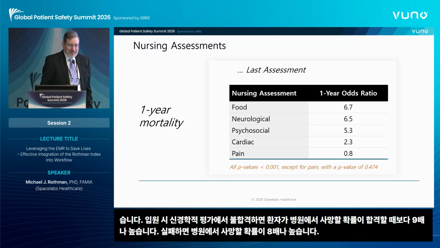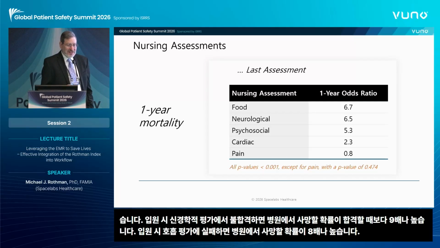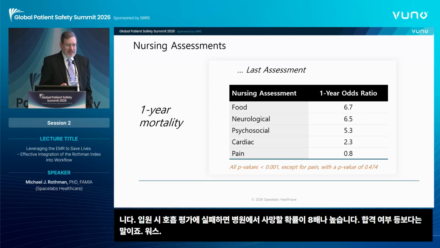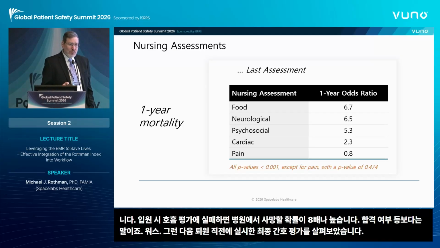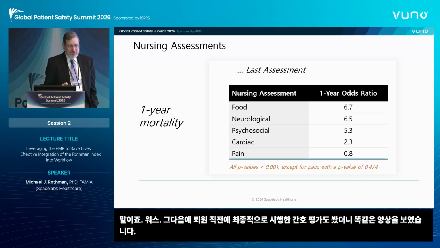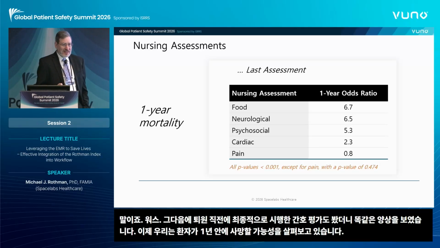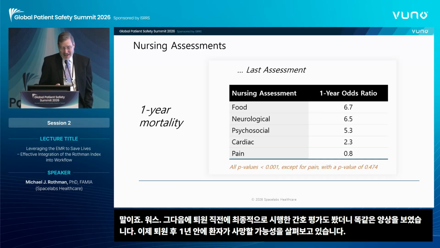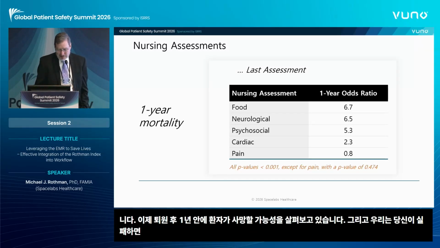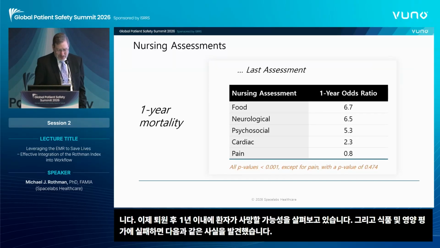We then looked at the final nursing assessment taken just before discharge, and we saw the same sort of thing. Now we're looking at the likelihood that the patient's going to die in the 1 year following discharge. And we found that if you failed your food and nutrition assessment, you were about 7 times as likely to die in the following year as if you passed, and similarly with neurological and psychosocial and so forth.